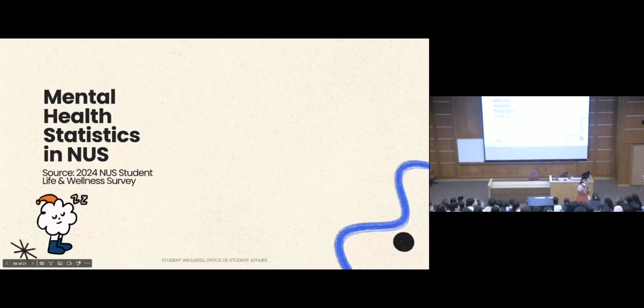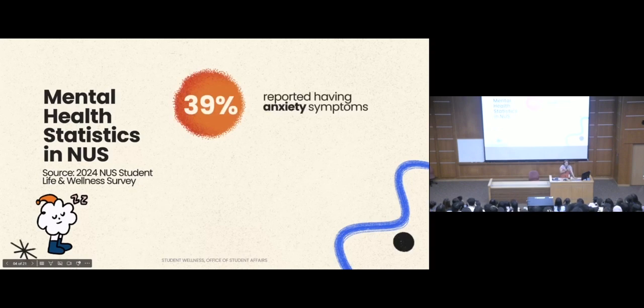Pass her the cat. Right? 39%. That's 2 in 5, isn't it? 2 in 5 means in a row here, a full row, well, I got no full row, this is a bit sad. Say in the 3rd row, almost full row, there might be 4 people there who might be experiencing anxiety symptoms. Don't worry, this is not targeting you.